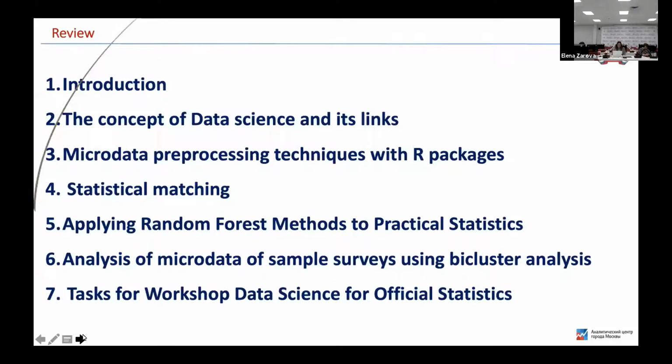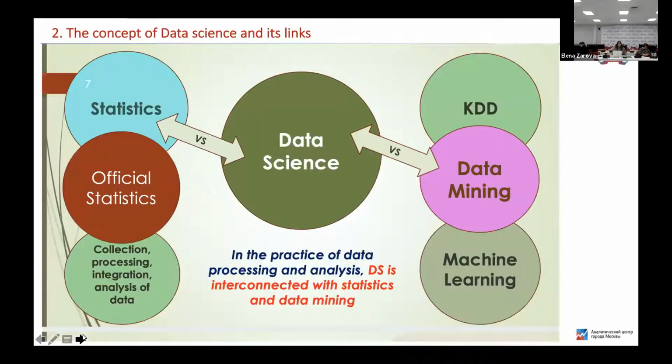So, quick recap. A few slides from yesterday's presentation. I hope everyone remembers that data science is connected to statistics, data mining, machine learning, and everything should work in the system.